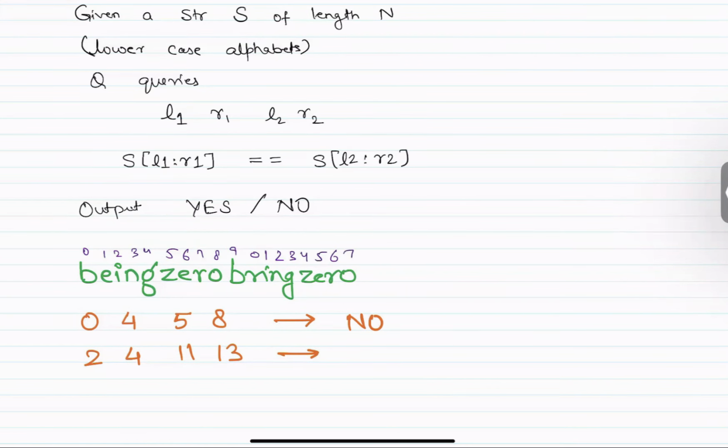Yeah, so for this query, we can observe that the answer is yes, because 11 to 13, it is ing.